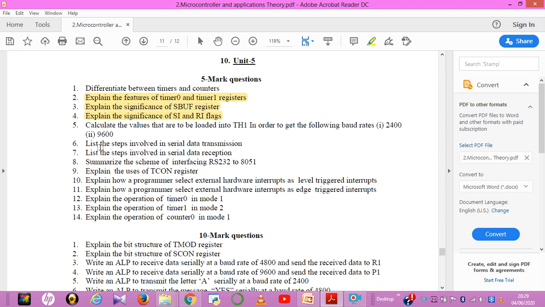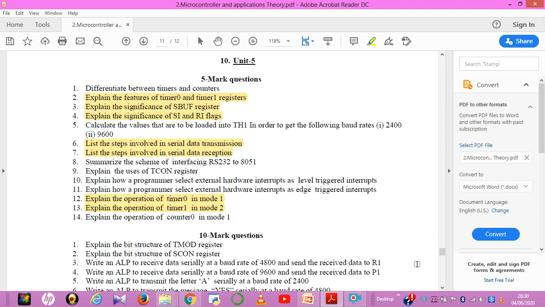Next, list the steps involved in serial data transmission. List the steps involved in serial data reception. Next, explain the operation of timer 0 in mode 1. Explain the operation of timer 1 in mode 2. These are very important questions which come in unit number 5.